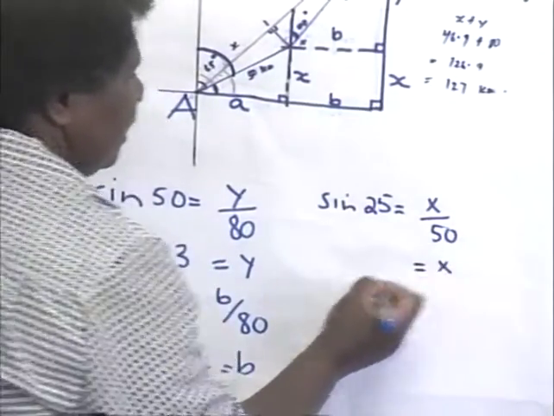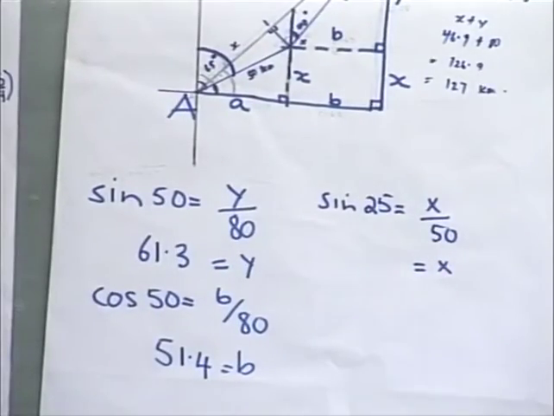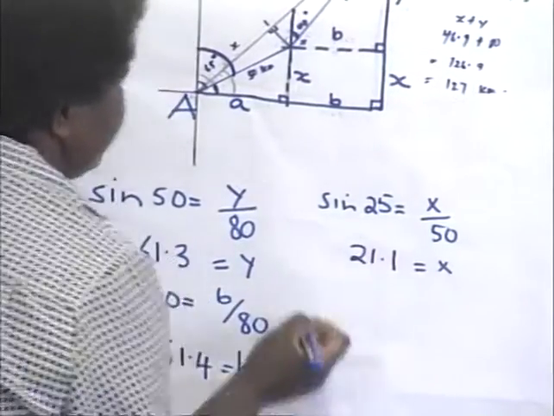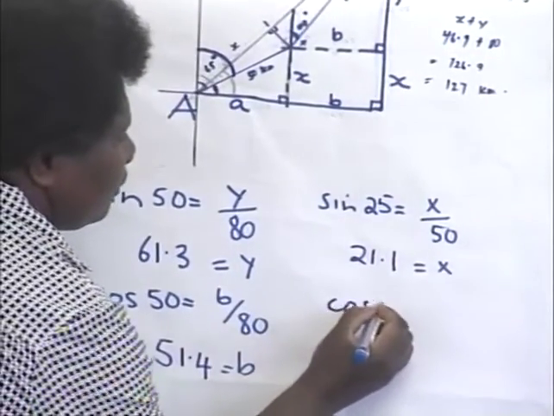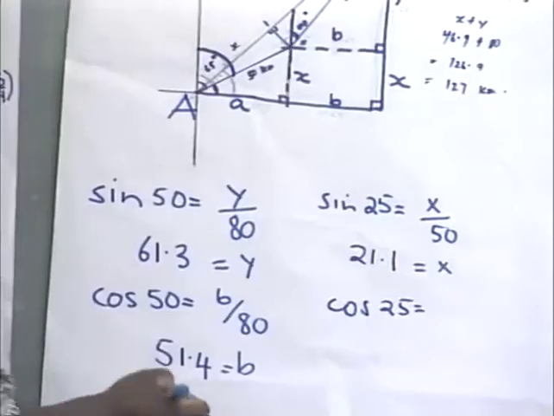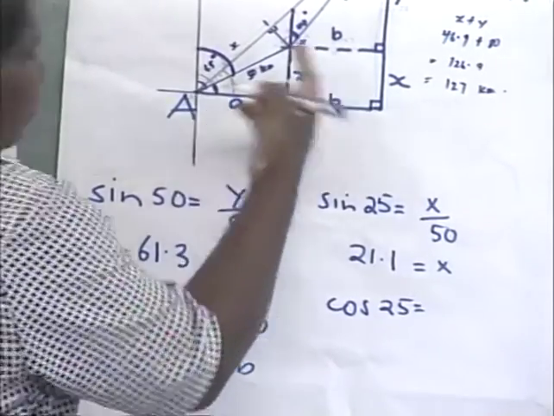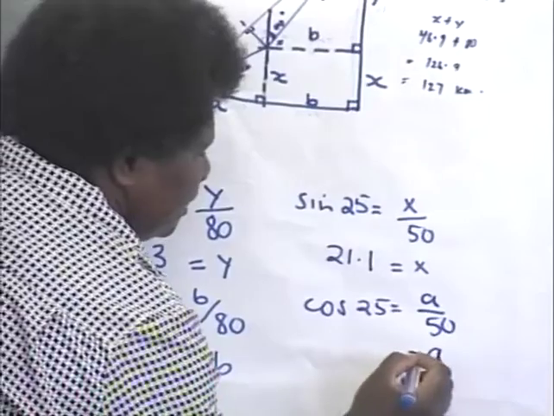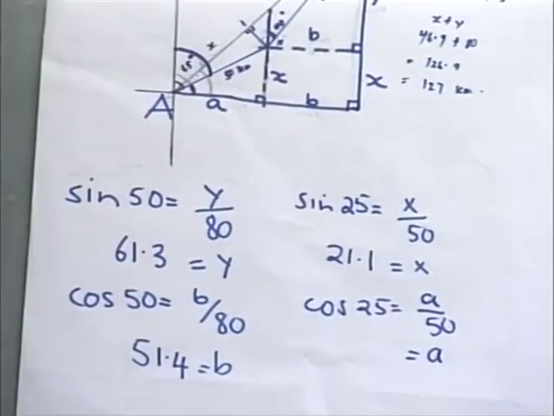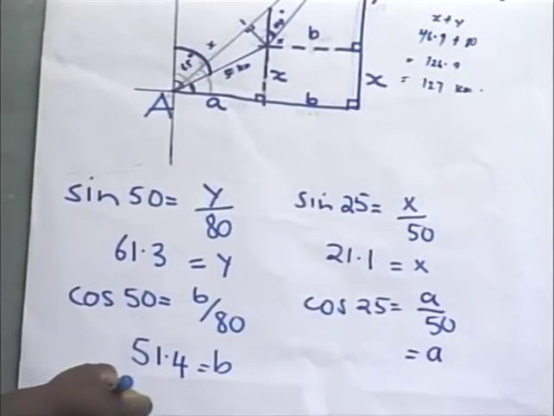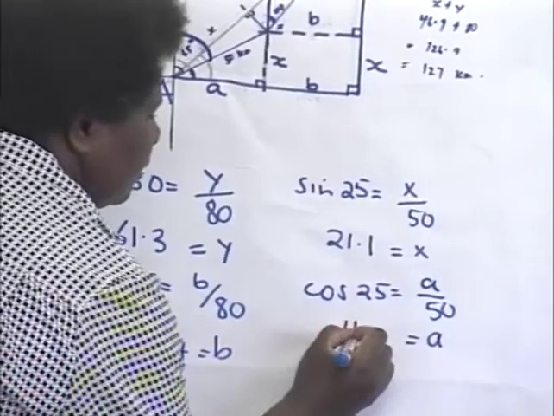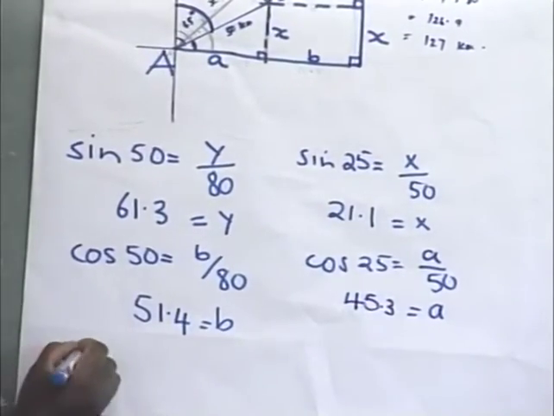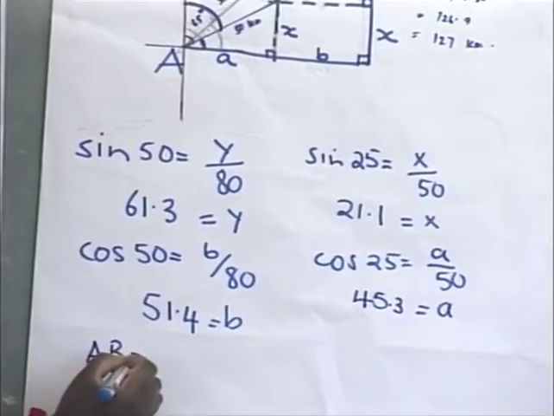Okay, quickly give me the value for X. 21.1. Okay, I use cos of 25 is equal to A over 50, and A is equal to 40.3.